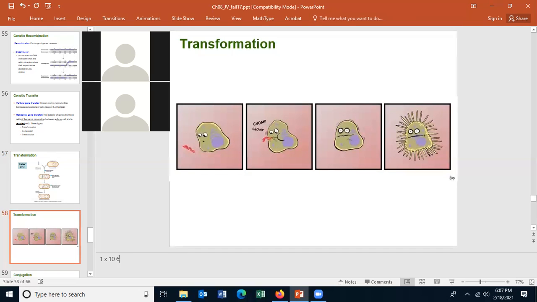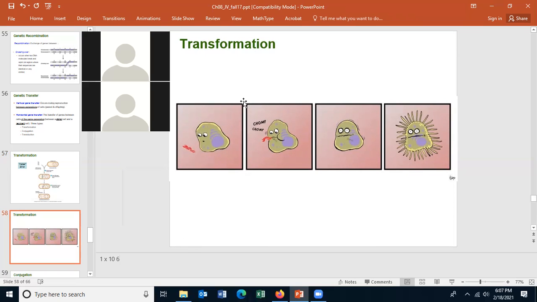I'm going to have a hard time doing that exponential. I can't do it here. So 1 times 10 to the 6th, meaning mutation happens in a gene only once in a million genes, or once in a million cells. Okay?